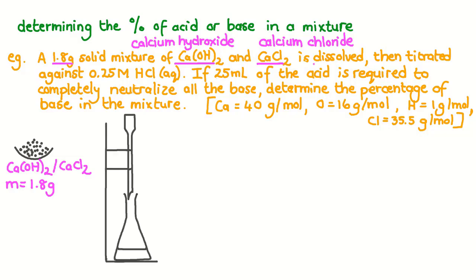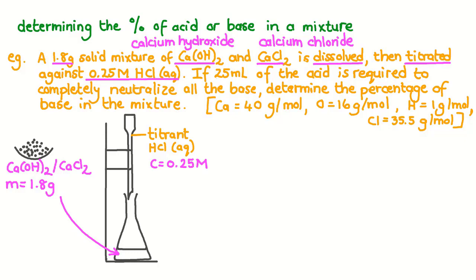We are then told that it is dissolved and titrated against 0.25 molar HCl, or hydrochloric acid. So HCl is the titrant, and although both calcium hydroxide and calcium chloride are dissolved in the Erlenmeyer flask, the analyte is only the calcium hydroxide because this base will react with the titrant, which is an acid.